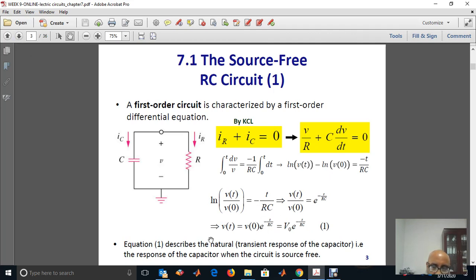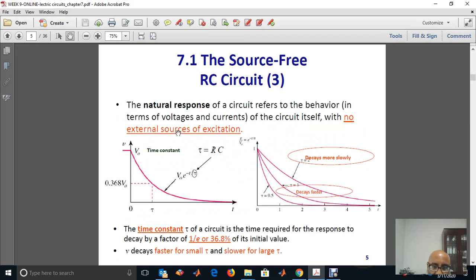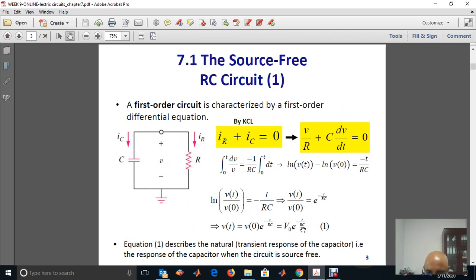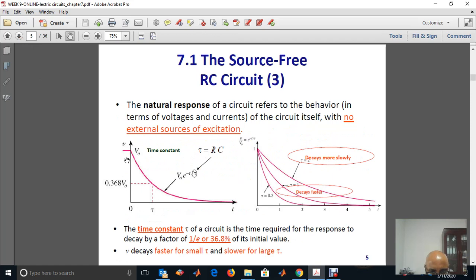If we see this equation, it's an exponentially decaying function with initial voltage V0. The term tau is called R times C. Tau equal to R times C is called the time constant. So again, if I go back here, at t equal to 0, we have V naught, the initial voltage, and then when t goes to infinity, it will decay to 0, which will give us this diagram.